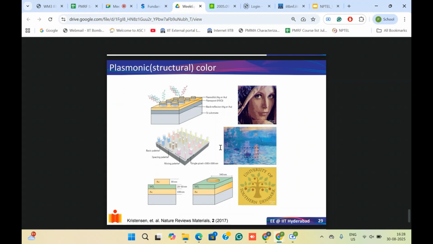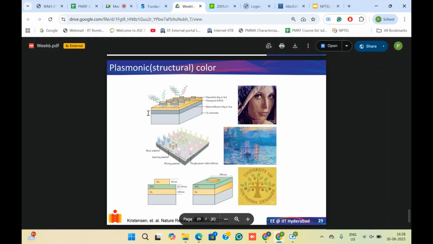and we can encode different images, such that in the first example you can see that there are different colors and different shapes. It's the face of a woman, which is encoded using the structure arrangement of the plasmonic antennas, which has some phase associated with this.